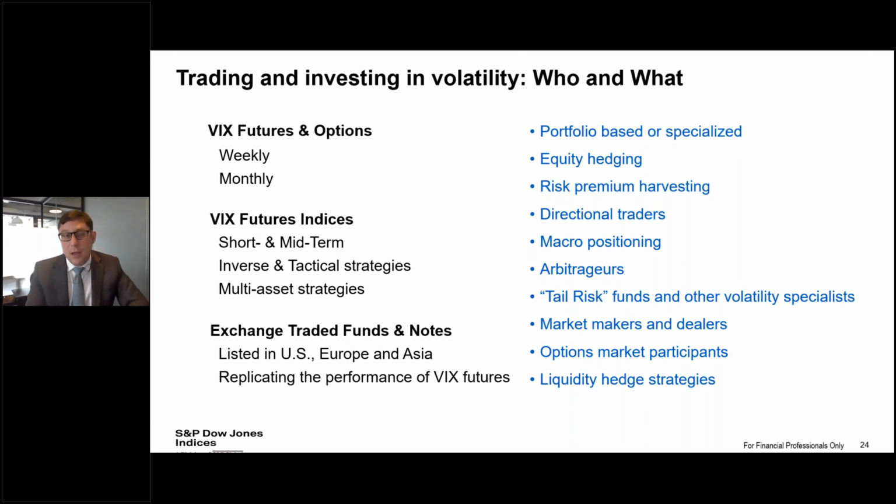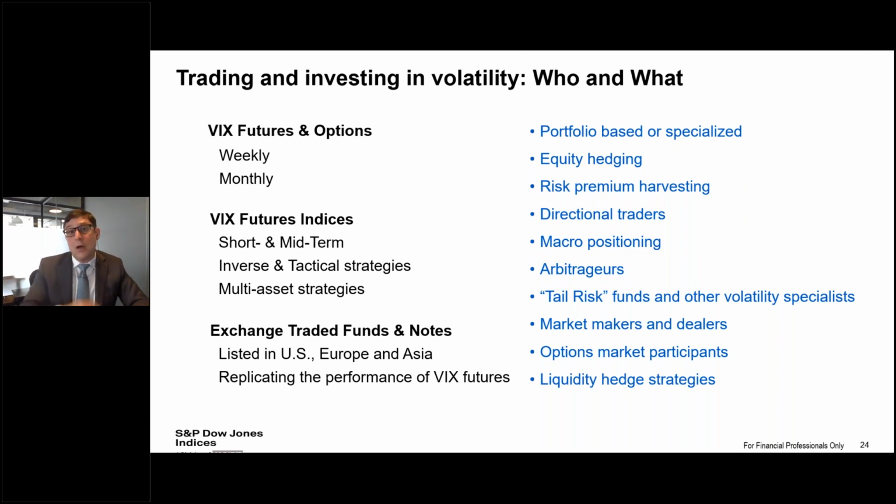On the index side, what we've done is build indices of these futures, because obviously a future has a maturity: you hold it, you sell it, or at some point it will mature. So we've built indices that represent holding the future and then continuously moving into the next future, so that you've got a constant maturity, either short term, in the case of the short-term index, a 1 month rolling, or in the mid-term, on average about 5 months rolling from 4 into 7.